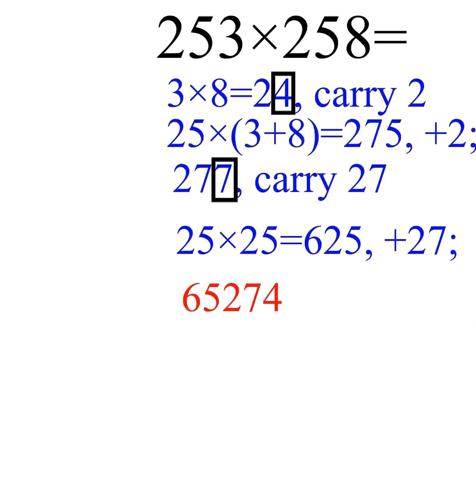It would be more interesting if the sum of the ones places of the numbers we'd like to multiply is equal to 10. For instance, let's suppose in the last example, instead of 8, we have 7. 7 plus 3 equals 10, and they both got 25.